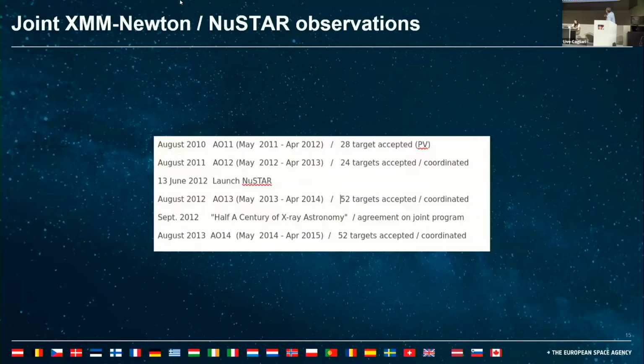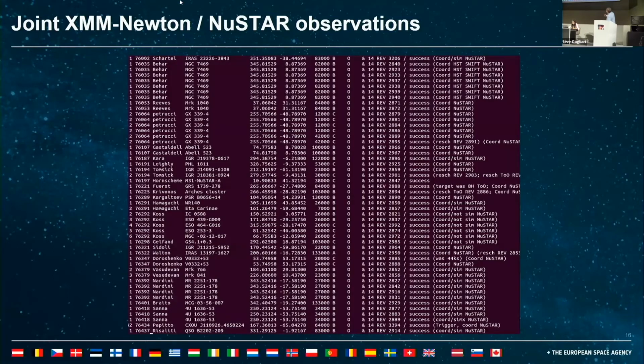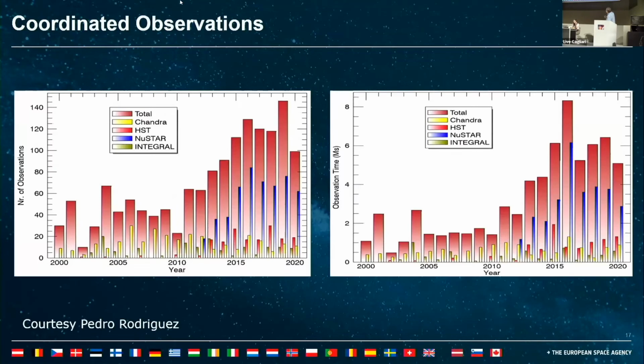Now, then in 2014, there was a long list of observations, also with these large observations. And this is a cumulative plot. You see these are all joint programs, the targets, the time here. But the time is XMM-Newton time.